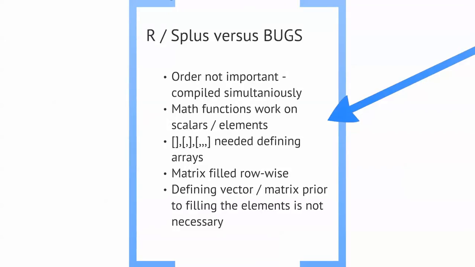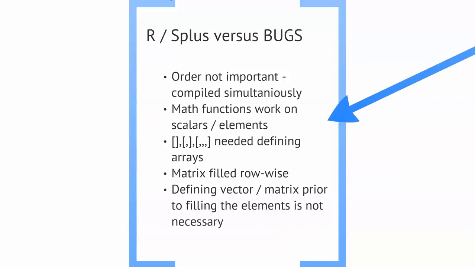Now you can see this syntax has high resemblance with R or S+. So what are the differences between S+ or R versus BUGS? The first one is that the order is not important because everything is compiled simultaneously. You do not have to define something first and use it later.